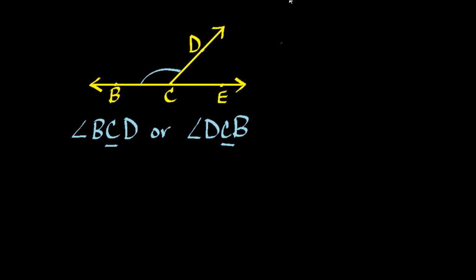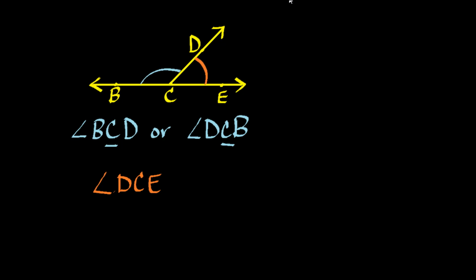Now let's try naming the angle on the right. Again, this angle on the right has vertex C, so C will need to be written in the middle, but we also need to include a letter on each ray. This angle consists of rays CD and CE. So if we trace this angle, it goes from D to C to E, DCE.